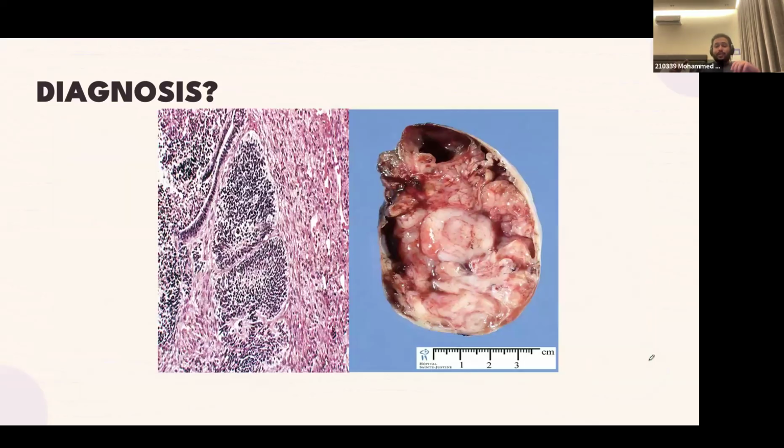Now, this patient has what? And what's the cell causing it? Or what cell line is it from, typically? It's a tumor of one cell line, and it's very malignant.